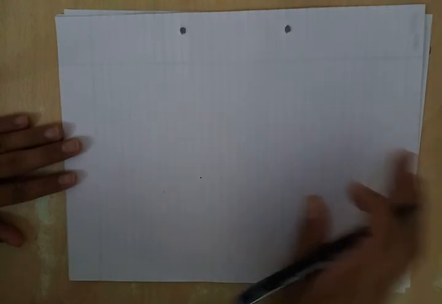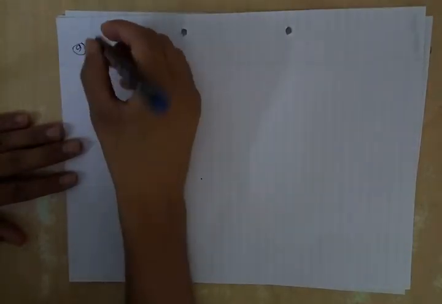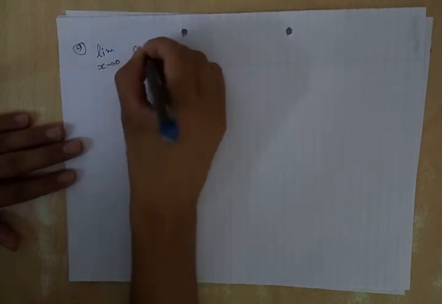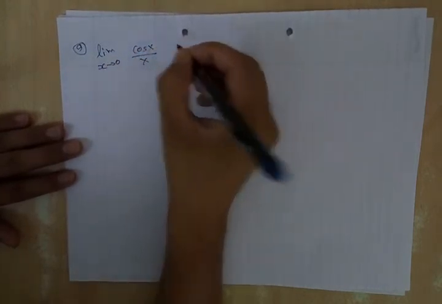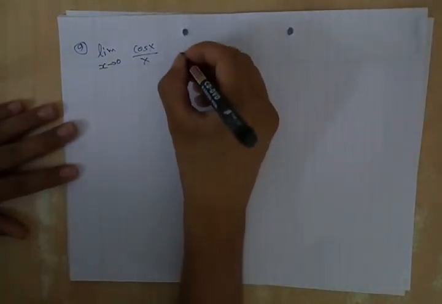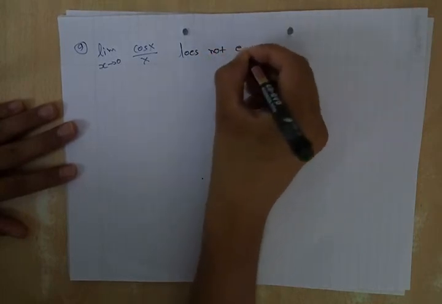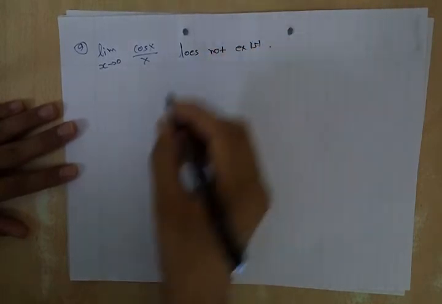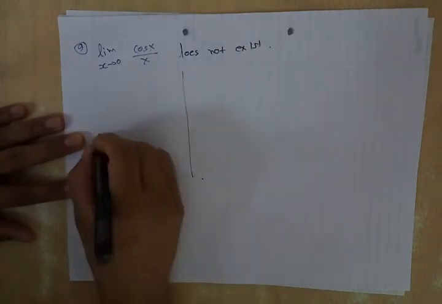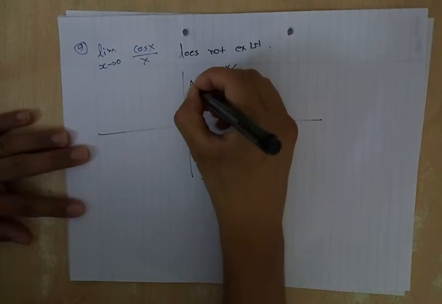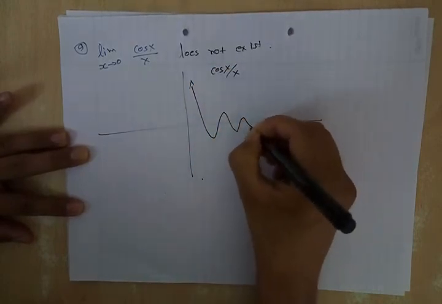Now we will look at formula number 9. Limit x tends to 0, cos x upon x. This limit actually does not exist. This is because if you plot the graph of cos x upon x, then it will appear like this.